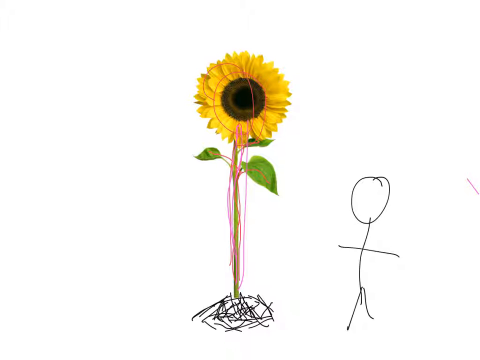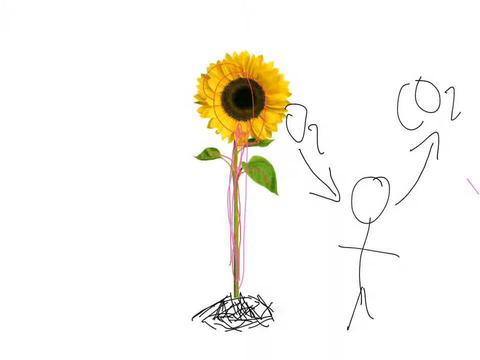So, in order for us to reduce the amount of carbon dioxide that we have, we need to inhale oxygen. So, when we inhale oxygen, so O2, we exhale carbon dioxide, CO2. And plants need to inhale carbon dioxide to exhale oxygen. So we have a partnership with them.